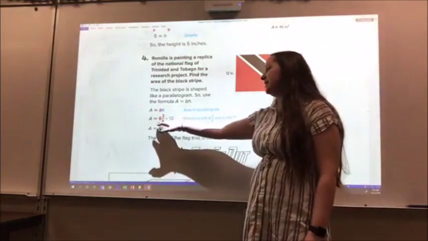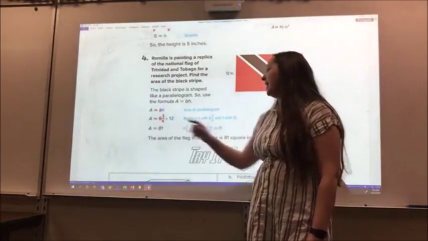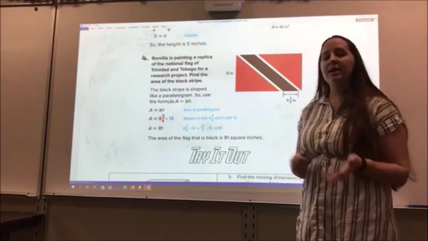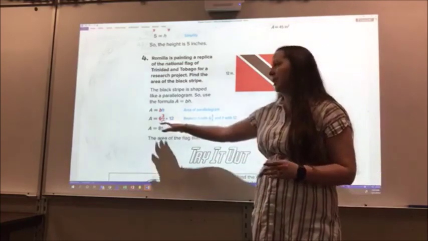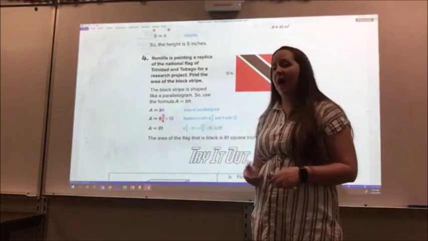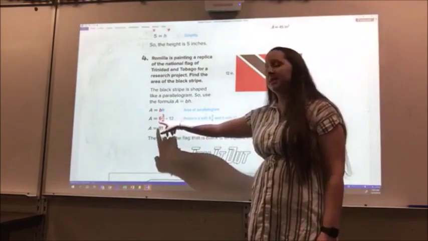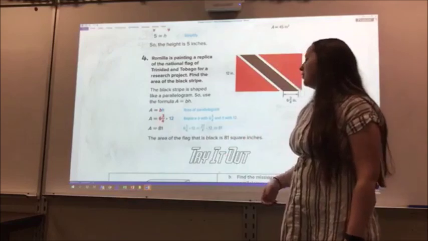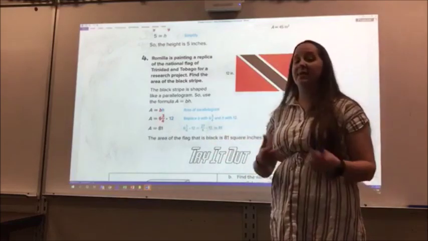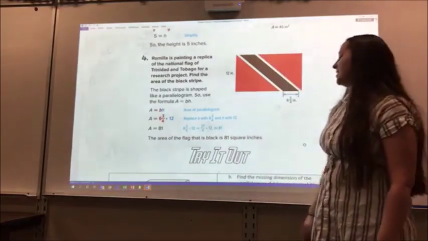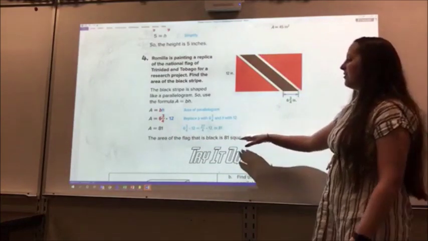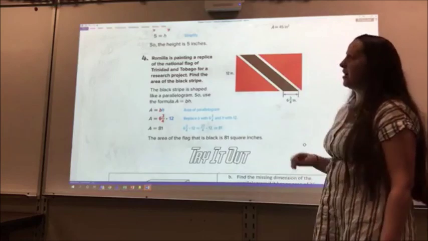My base is 6 3/4, and my height is 12. So I multiply 6 3/4 times 12. When I do that, I can change 6 3/4 to an improper fraction by multiplying 4 times 6 plus 3, which gives me 27/4, and I multiply that times 12, and I get 81. So the area of the flag that is black is 81 square inches.